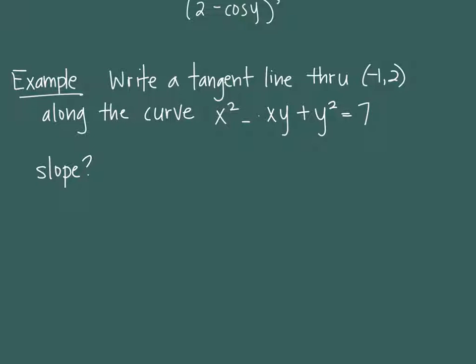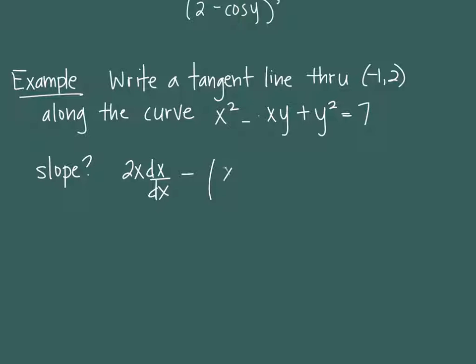Okay, derivative of x squared all together: 2x times dx/dx. All right, minus parentheses. Please use parentheses when you're doing that. What do you need to take the derivative of xy? The product rule.